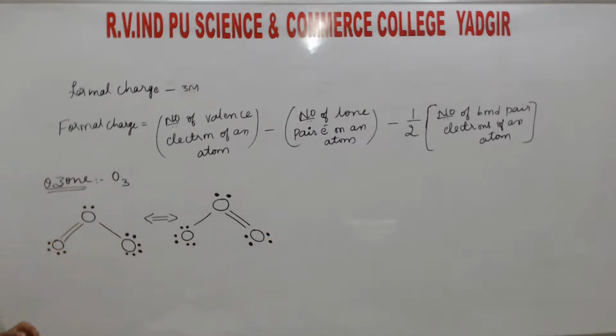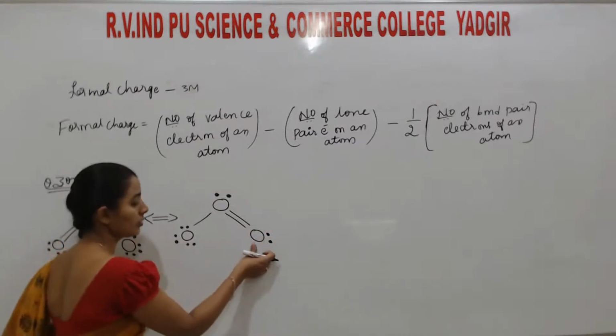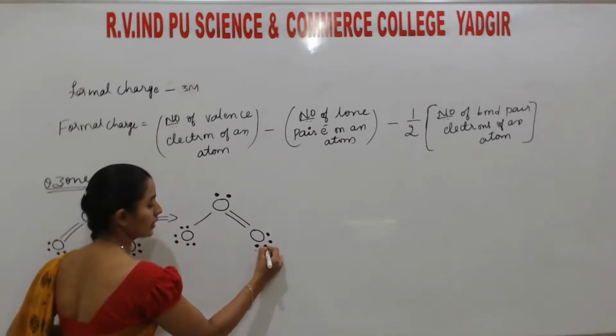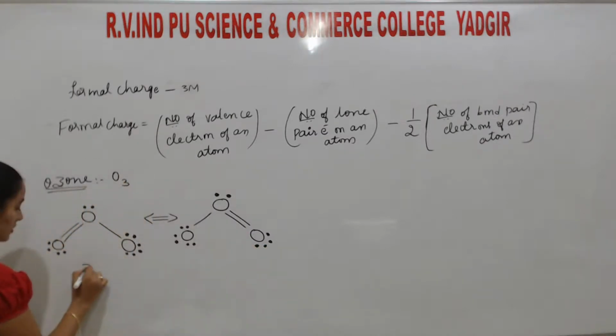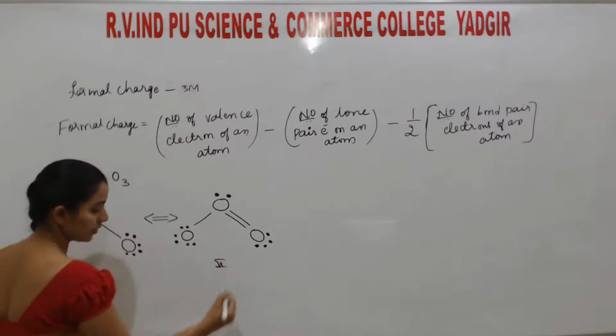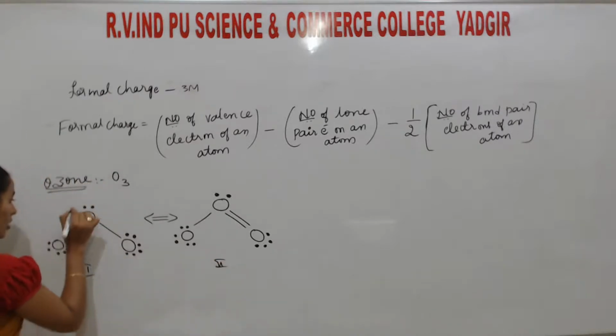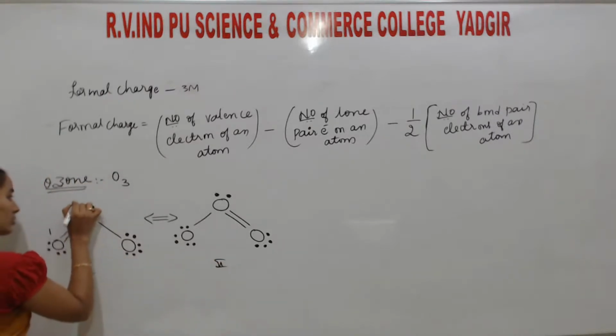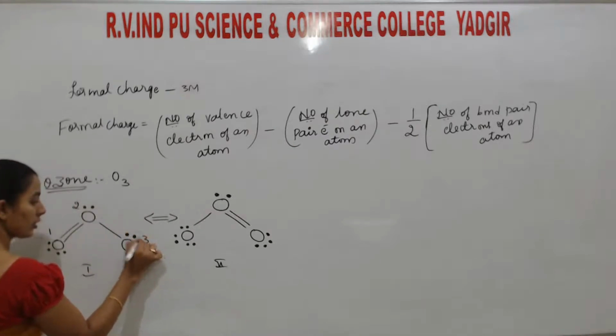Okay, resonance structures. So students here, I'll consider this one as structure 1. This one is structure 2. So this is oxygen atom 1, oxygen atom 2, oxygen atom 3.